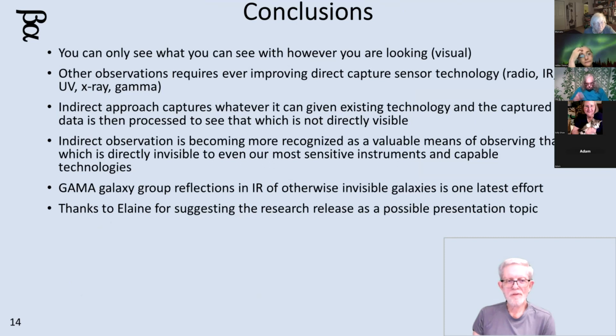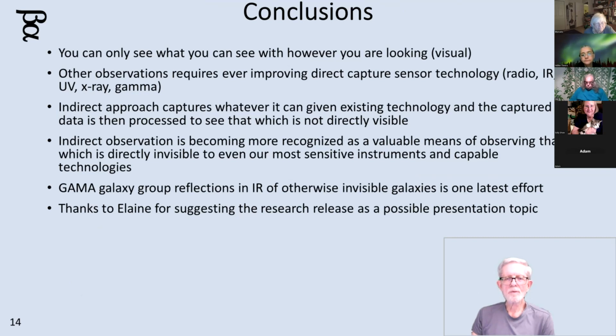So if you're only looking with your eyes, you'll only see what's visible to human eyes. If you want to capture other stuff, you've got to have sensors specific to capturing in that wavelength. So, radio antennas and receivers, infrared cameras, UV cameras, X-ray detectors, gamma.